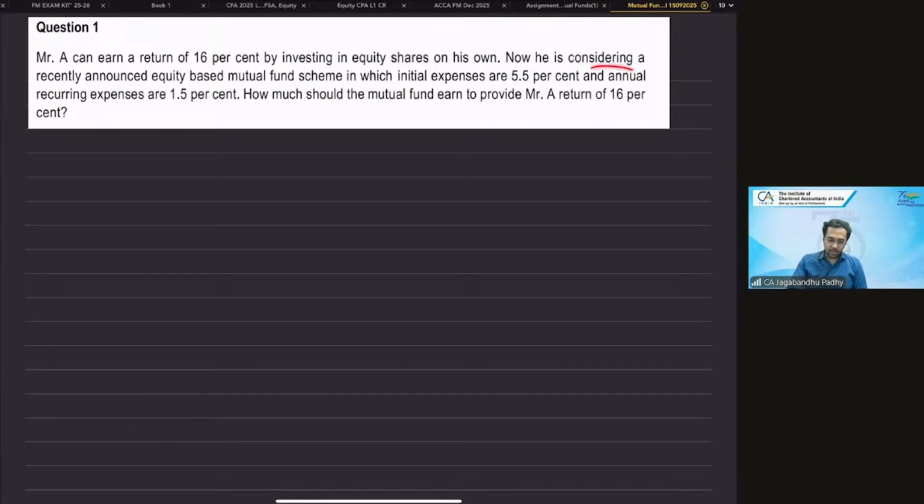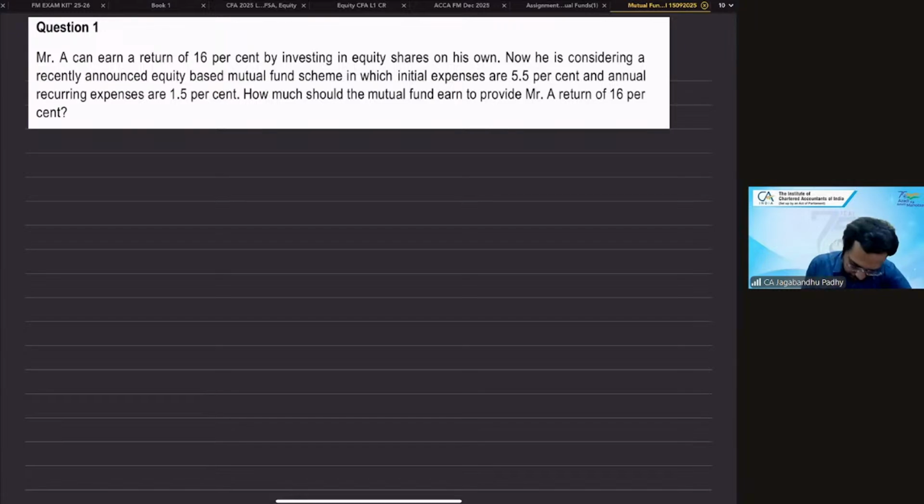Now he is considering a recently announced equity-based mutual fund scheme in which initial expenses are 5.5%, and annual recurring expenses are 1.5%. How much should the mutual fund earn to provide Mr. A a return of 16%? So we have to calculate what should be the return earned by the mutual fund so as to provide Mr. A a return of 16%. Okay.